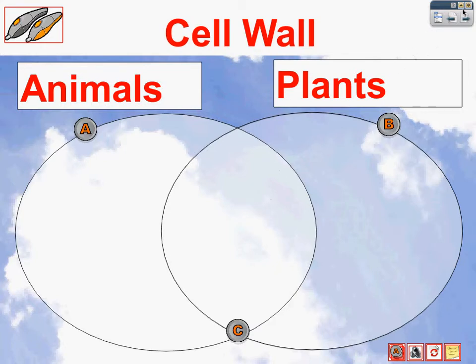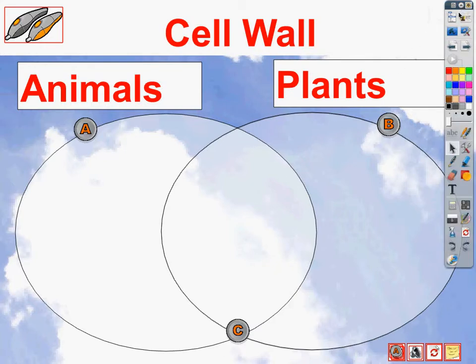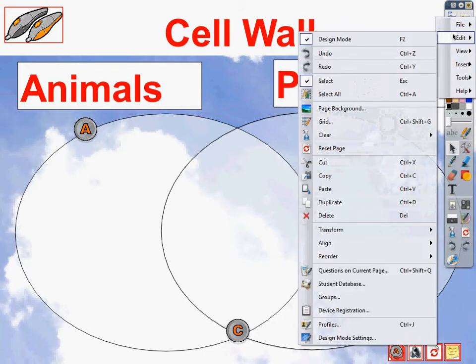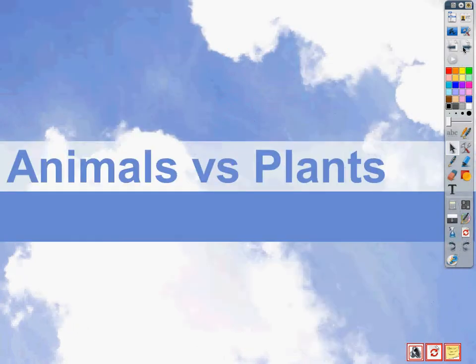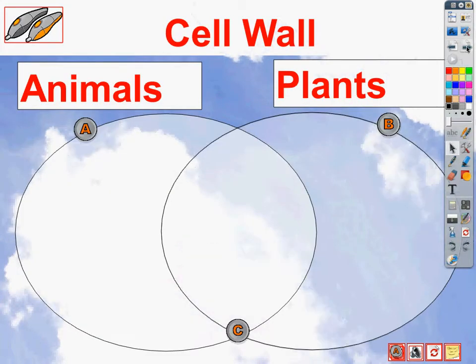All right, so I've got this page. So I want to go to Edit, Duplicate. Okay. And so now I've got two pages, just like that.